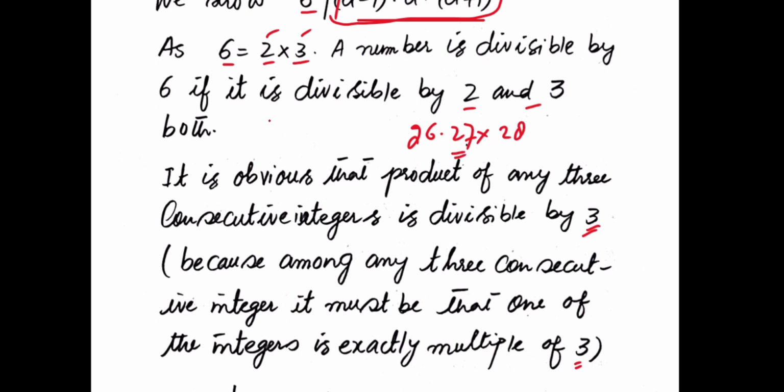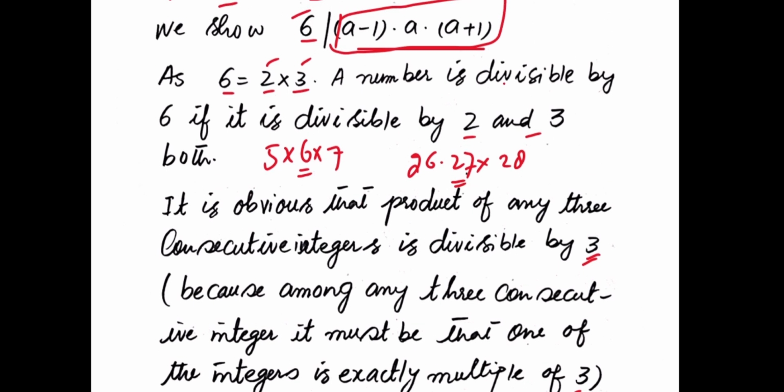Suppose you start from 5 into 6 into 7. You can see here 6 is divisible by 3. So whenever you take any 3 consecutive integers, one of the integers must be divisible by 3. So this shows that the product of these 3 consecutive integers is divisible by 3. Meaning to say 3 divides this product (a minus 1) into a into (a plus 1).